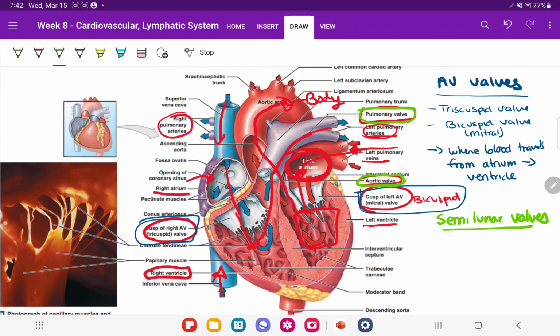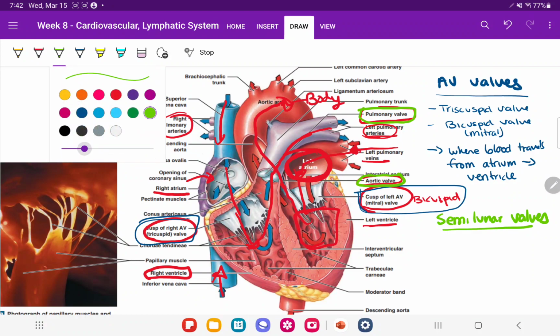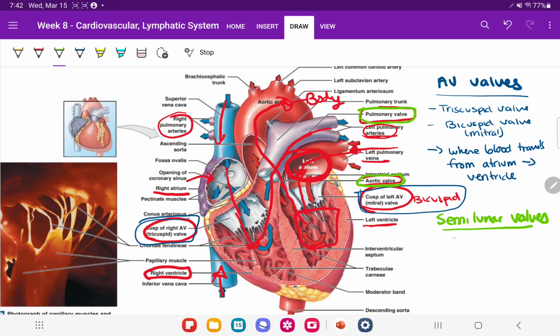Let's write them out first: you have the pulmonary valve, and you have the aortic valve. These valves are important because this is where blood exits the heart.